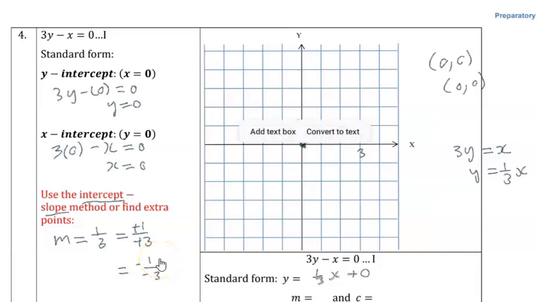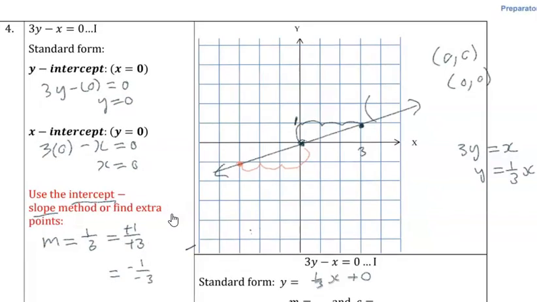I walk 1 down, and then 1, 2, 3 to the left, and I have a new point there. So now I can take my ruler and join those 3 points. The line y equals 1/3 of x, and you can see it has a small slope. The slope is very small, but we use the method to find 2 other points.